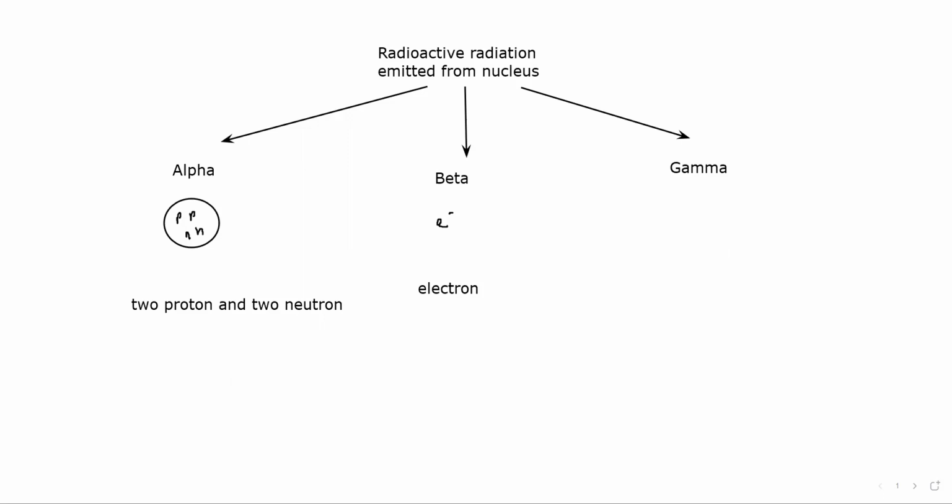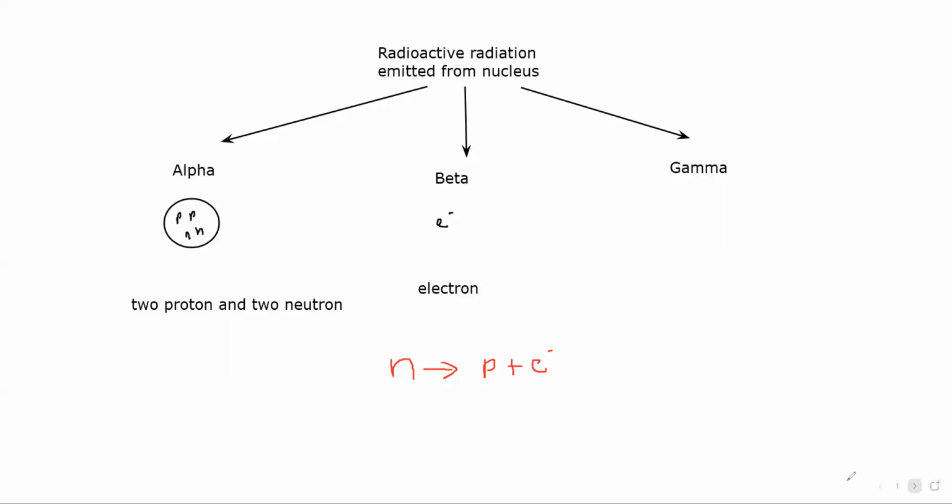So basically, a neutron is not a fundamental particle, which means it can break down into smaller particles. A neutron breaks into a proton and an electron.